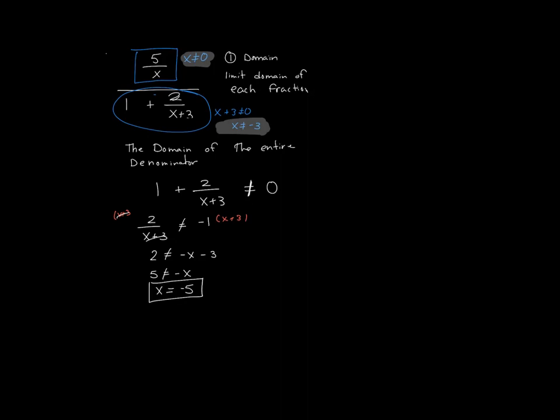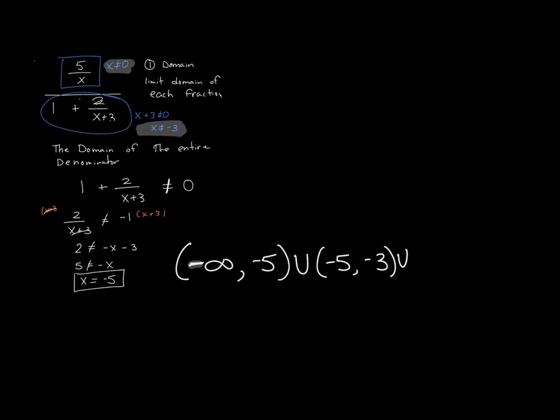So to put all of that in interval notation, always go from negative infinity to the next smallest number, which in this case is negative 5. I union that and go from negative 5 to negative 3. Then I'm going to go from negative 3 to 0. And finally from 0 to positive infinity.